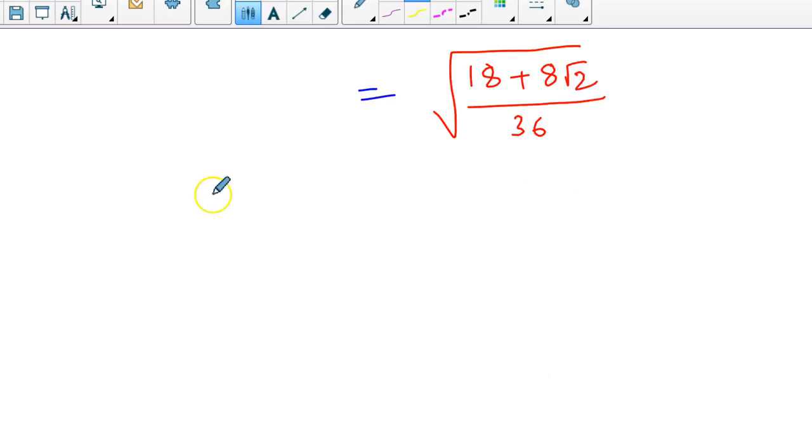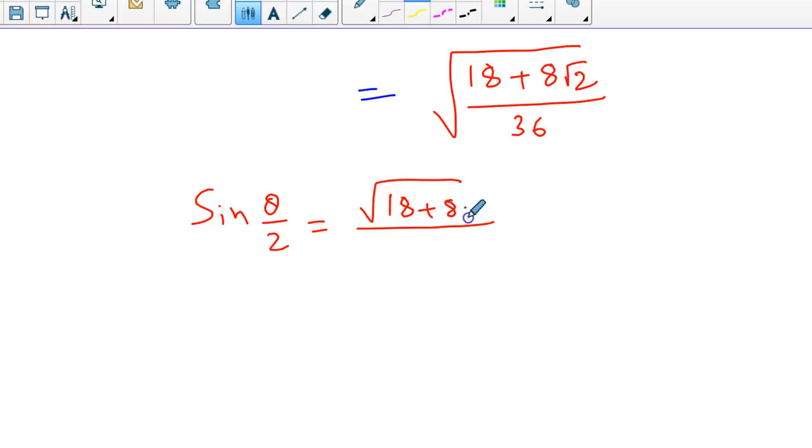So now we are almost there. You are looking for your sine theta over 2 is equal to, now I am separating the numerator and denominator. Numerator is still a square radical, that is inside I have 18 plus 8 root 2, and in the denominator square root of this 36 is a 6.